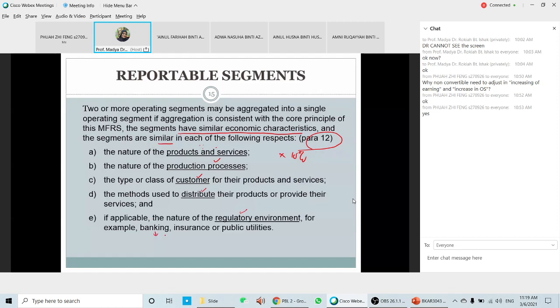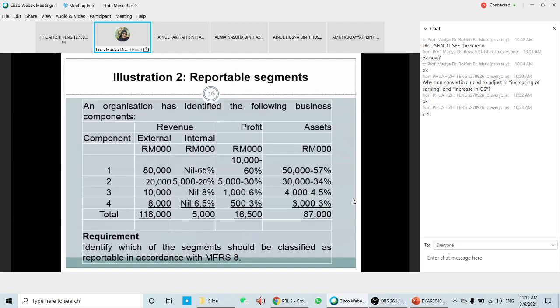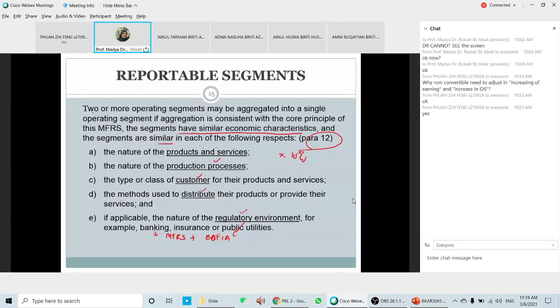For example, banking: they are subject to MFRS, and then they also have an additional regulatory environment, which is BAFIA or sometimes BOFIA. If they are in the same economic or regulatory environment, they can combine and become one reportable segment. So paragraph 12 is another important thing.